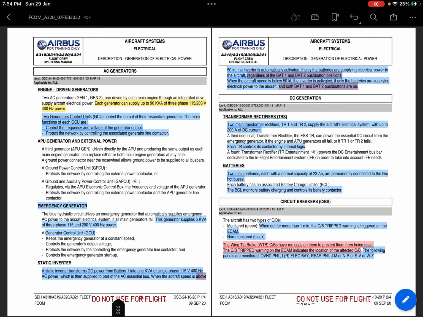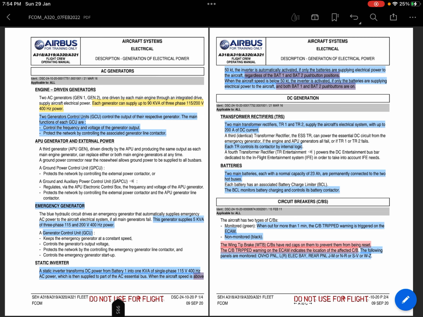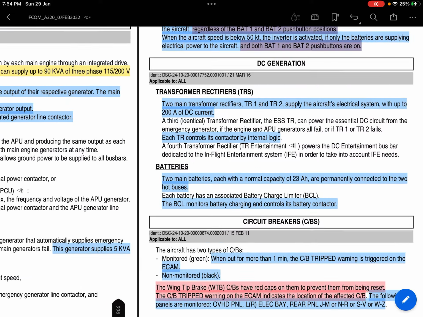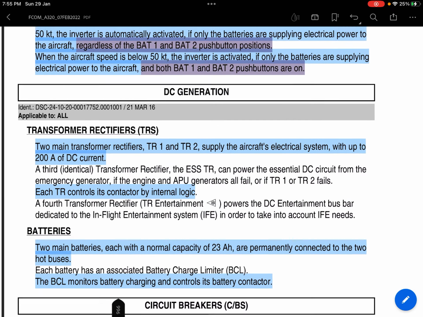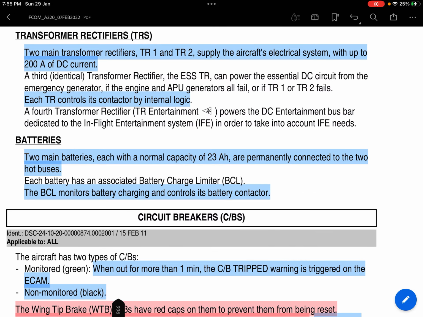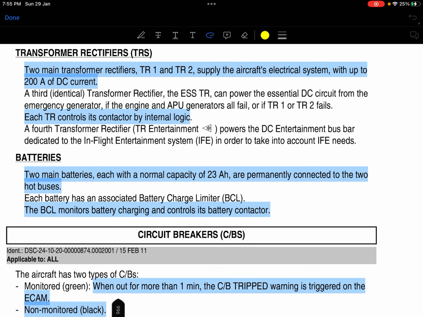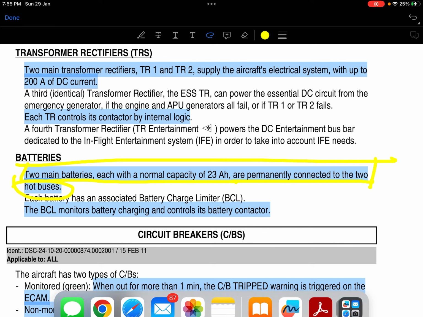So here is the information regarding batteries: two main batteries, each with normal capacity of 23 ampere hour, are permanently connected to the two hot buses, right? So here the question answer gets clear. We have two main batteries of 23 ampere hour of capacity, right?